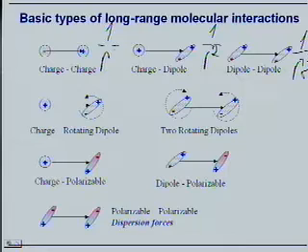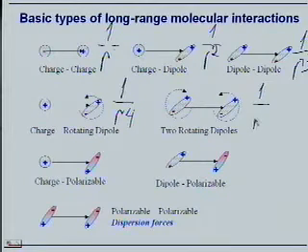Then we went to charge and rotating dipole, and it was dependent on what? Square. No, force. And finally, we finished with two rotating dipoles, or the so-called Keesom energy, which, if you follow, would be 1, 2, 3, 4, 5, but it's actually dependent on the 6th power.